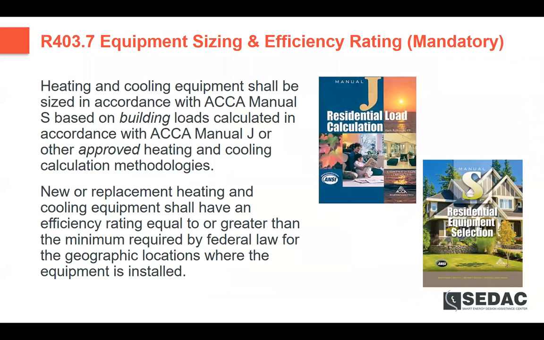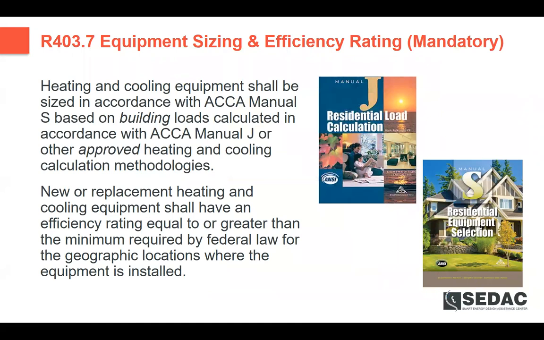Equipment sizing and efficiency ratings, mandatory. You don't have to use Manual J. If your local authority says you can use some other method to calculate loads, you can, but Manual J is recommended. You cannot just say, oh, X amount of square feet per ton, and use those typical methods that we used to use in the past.